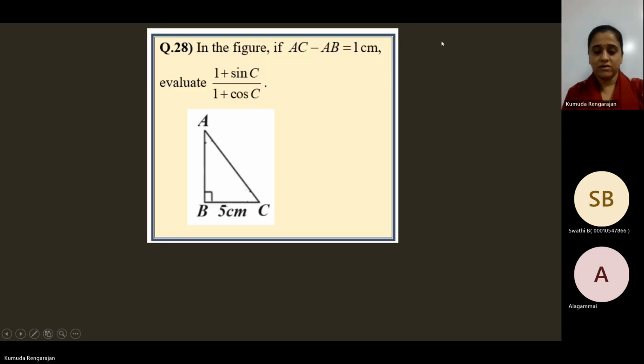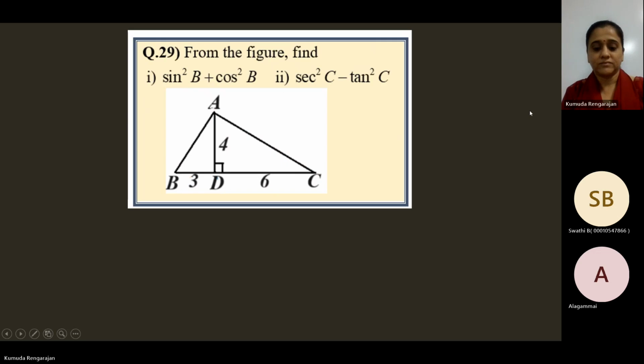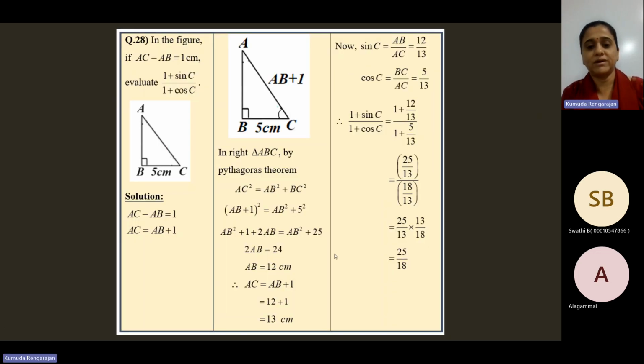Okay. So let's see. Most of you have got 25 by 18. No? 25 by 18. Yeah, 25 by 18.